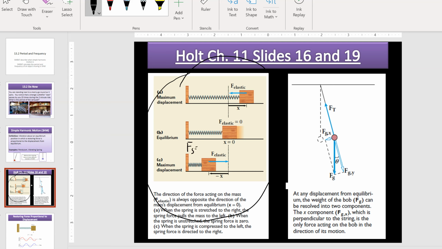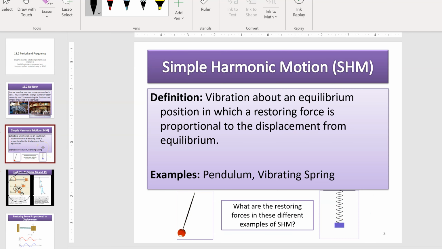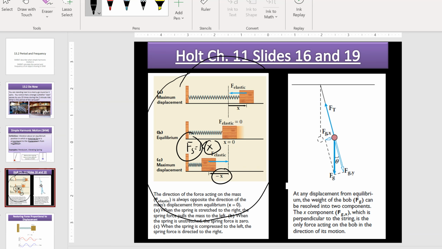We learned Fs equals kx, the stiffness of the spring and the distance from equilibrium. So the bigger x is, the stronger the force is going to be. And that's what they're talking about, how it's proportional. The force is proportional to the distance from equilibrium. The further away you are, the bigger x is, the stronger the force is.